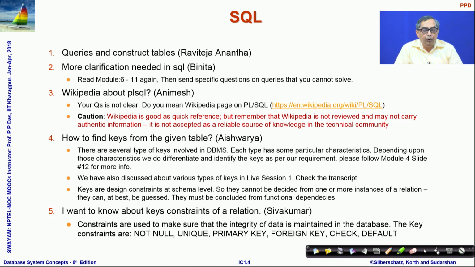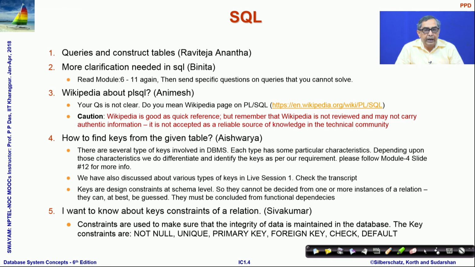The basic definition of a key is that you have one or more attributes which uniquely determine all the attributes of that relation. In other words, if I have any instance, not a particular one, of that table, then if two tuples match on the attributes which form the key, then they must match on all the attributes of that relation.